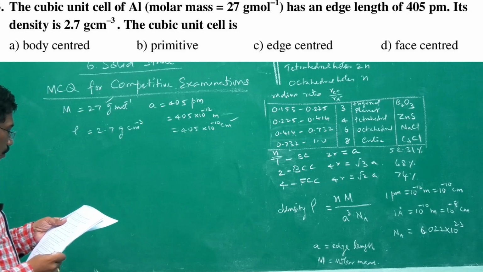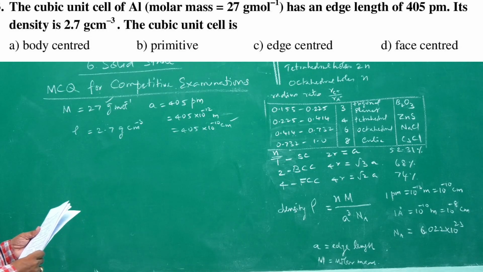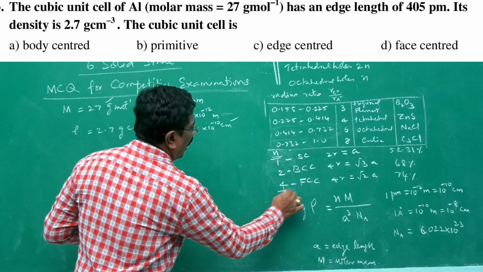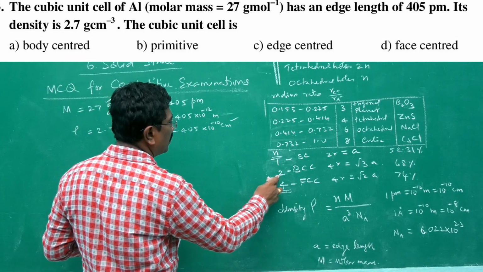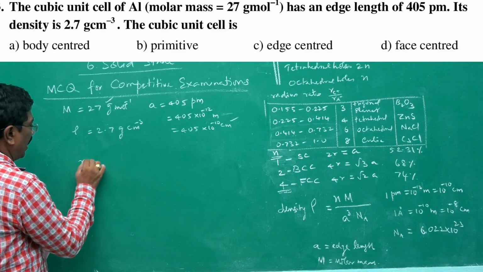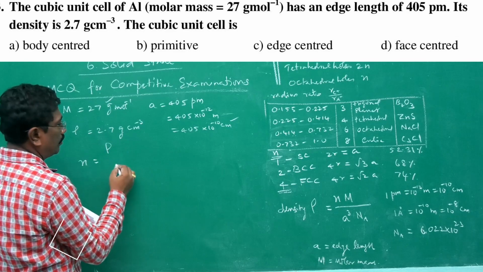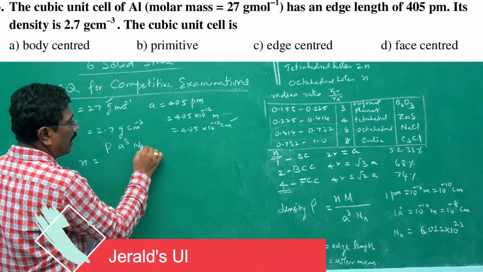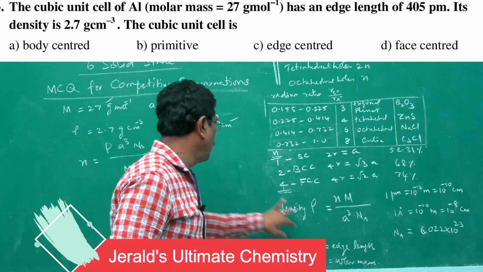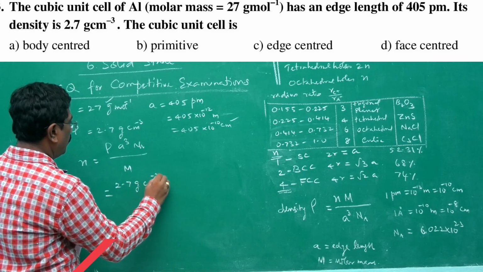Now the question is, the cubic unit cell belongs to which type? Simple, body centered or face centered, it is asked. To find out, we need number of atoms in the unit cell. It is 1 for simple cubic, 2 for BCC, 4 for FCC. So density rho is equal to n M by a cube Na. We can rewrite the equation, n is equal to rho into a cube into Na divided by M. So rho is equal to 2.7 gram per centimeter cube.